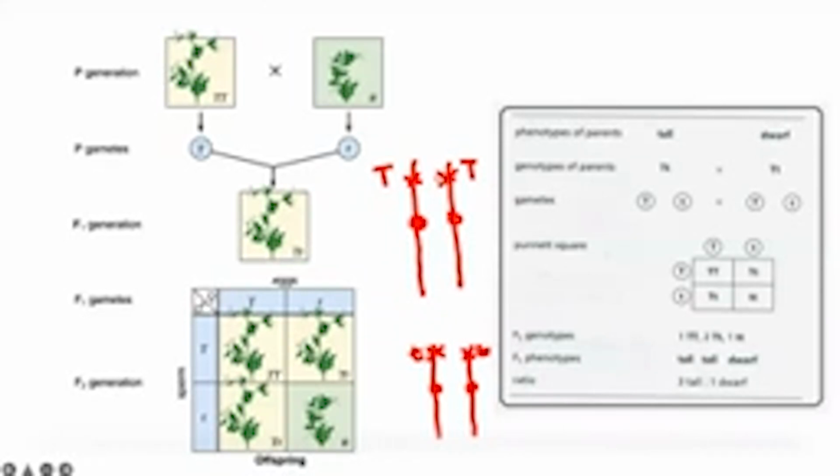And what is happening when you cross the capital T with the small t is you are bringing together these two alleles, and I'll draw this over here, in the same plant. So you have one capital T and one small t. However, the phenotype of a combination of these two discrete alleles is still a tall plant, which means that the capital T dominates over the small t. You don't see any dwarf plants.